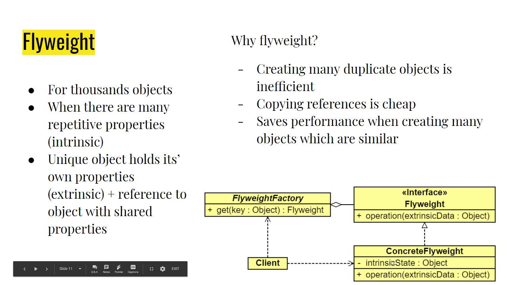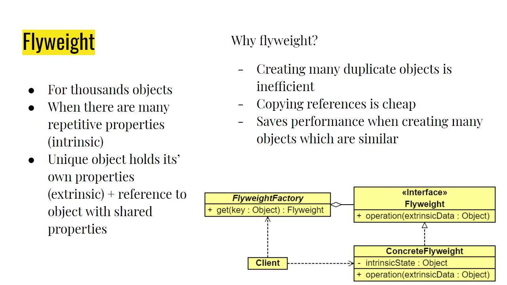That intrinsic state will be a reference to some complex, heavy object, some object that they share behavior with, share state with, share properties with. Thousands of Flyweight objects have to share something between each other to be meaningful.